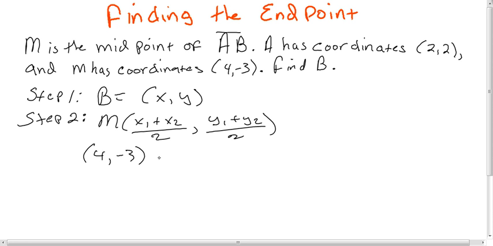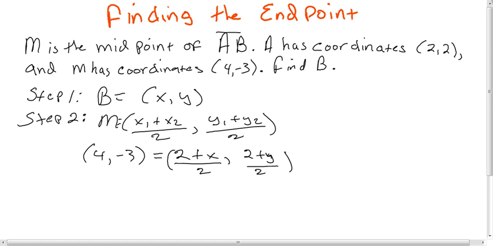And that will equal (2 plus x, the second point, over 2, comma 2, which is our first y value, plus y over 2). We don't know the second point, so we're going to put both over 2, close our parentheses.